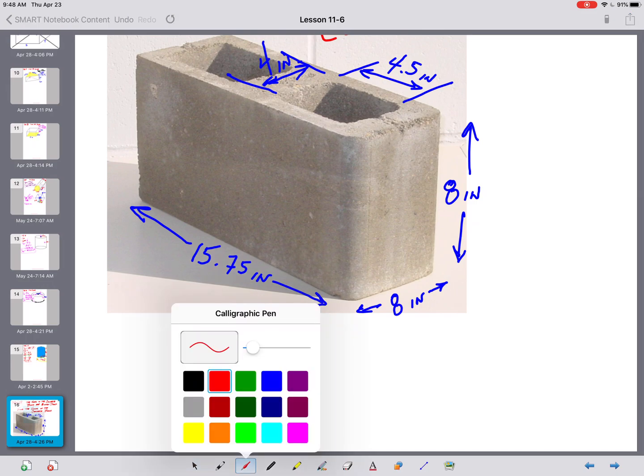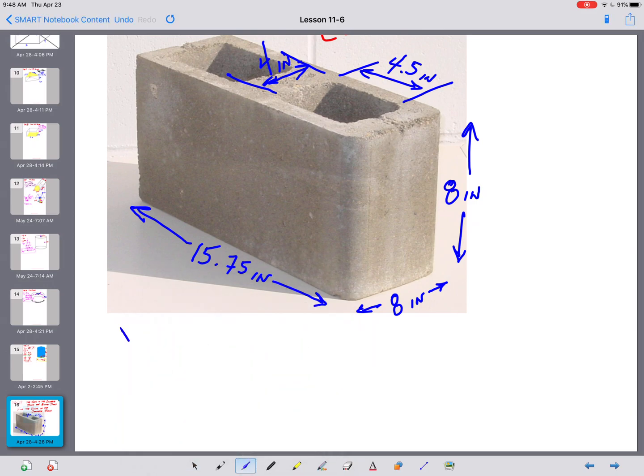Here we go. Volume total minus volume of the 2 holes. Now, the shapes are just prisms. So look at the big shape. It's 15.75 by 8 wide by 8 high.